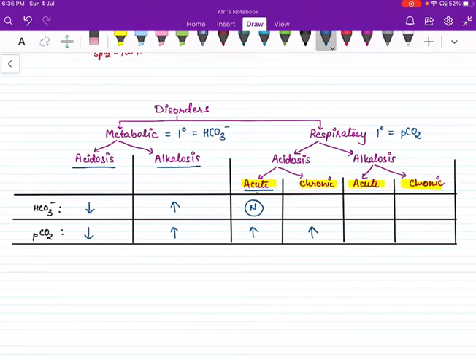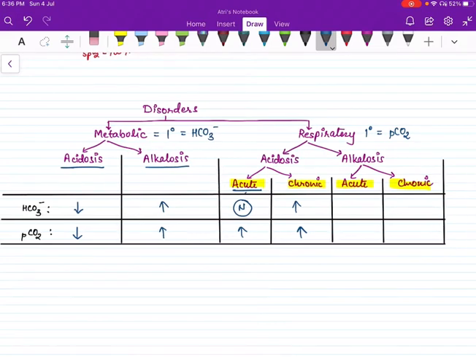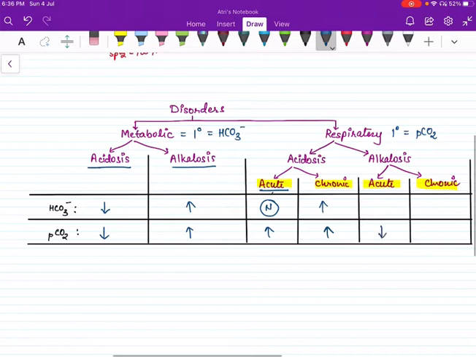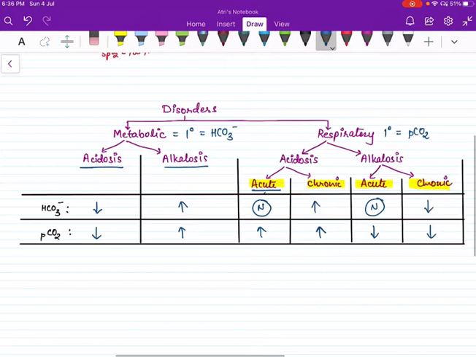While in chronic, to compensate for the increase in PCO2, the bicarbonate levels will also be increased. Coming to respiratory alkalosis, in both acute and chronic, PCO2 levels will be low, and for acute, compensation will not take place, while in chronic, to compensate for the decrease in PCO2, there will be a decrease in our bicarbonate levels.